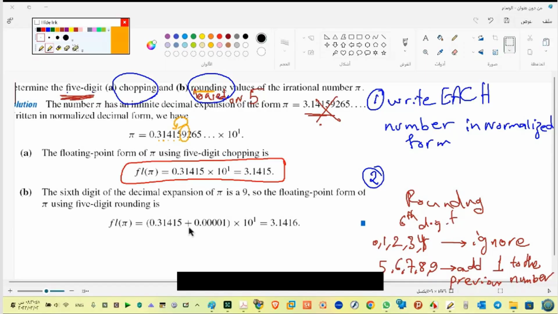So what is the answer? The answer here is 0.31416 times 10 exponential 1, which equals 3.1416. Got it? So how can we solve? Again, let me repeat this one, first case.